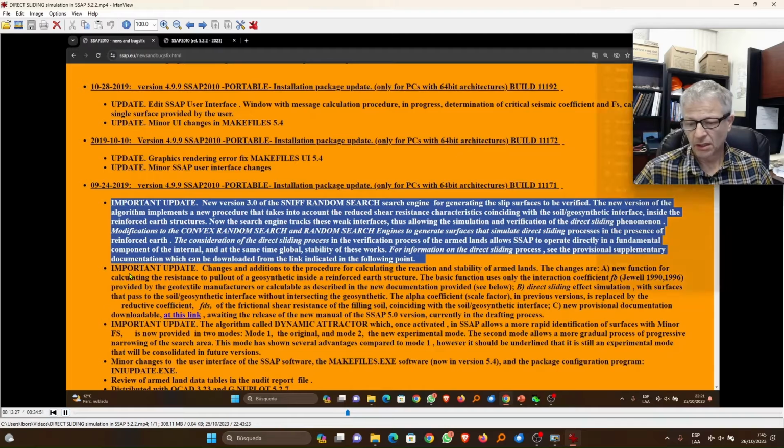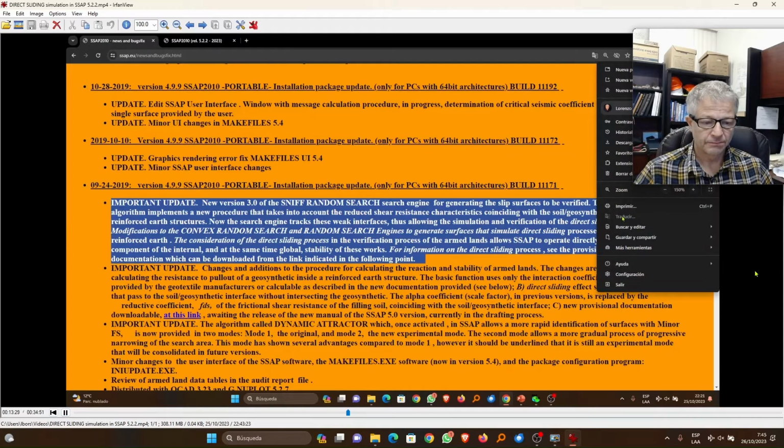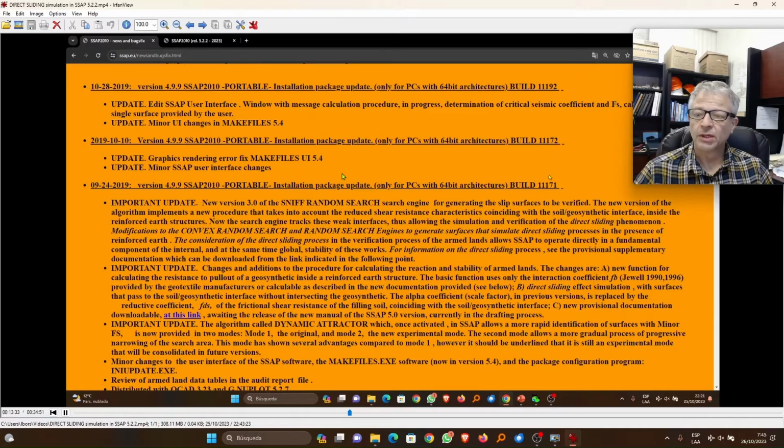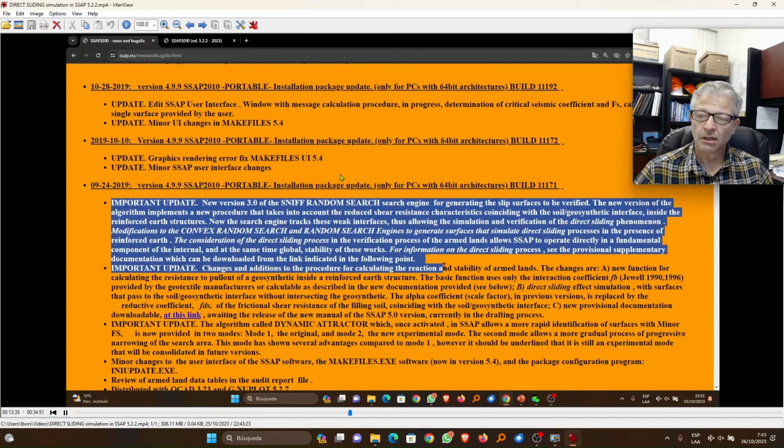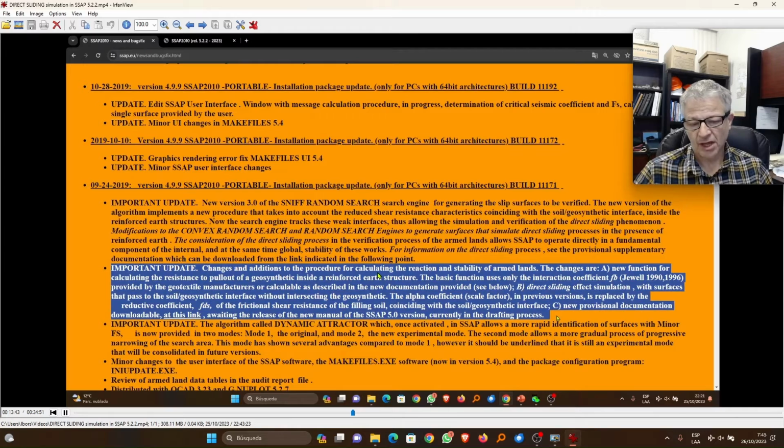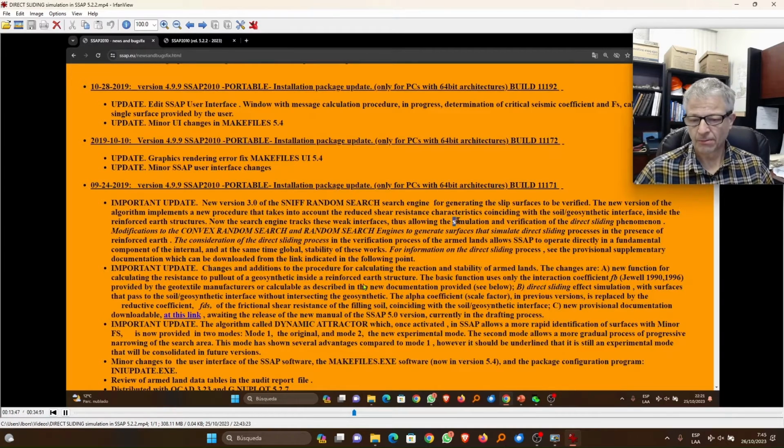So this is important. This is the version that we translated automatically with Google Translate, because this chronology is in Italian, but you can find an acceptable automatic translation in English.